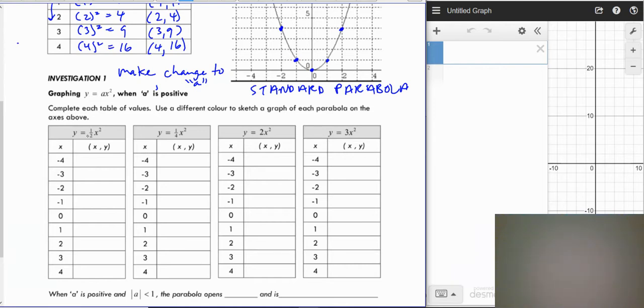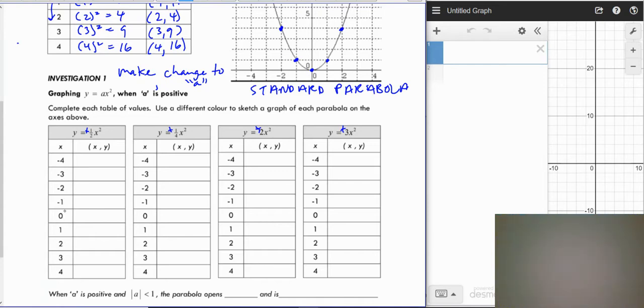So in all these cases, you'll notice this is a positive number, positive number, positive number, positive number. So complete each table and use different colors to sketch the graph of each parabola on the axis.